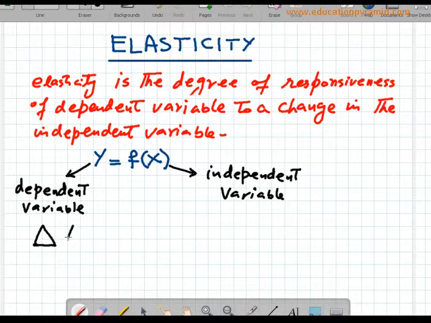So we can say delta y, this is called change in y, and delta x, this is called change in x. So if there is any change in y variable, that is due to the change in independent variable. Or take it the other way, if there is any change in independent variable x, it will bring the change in dependent variable y.